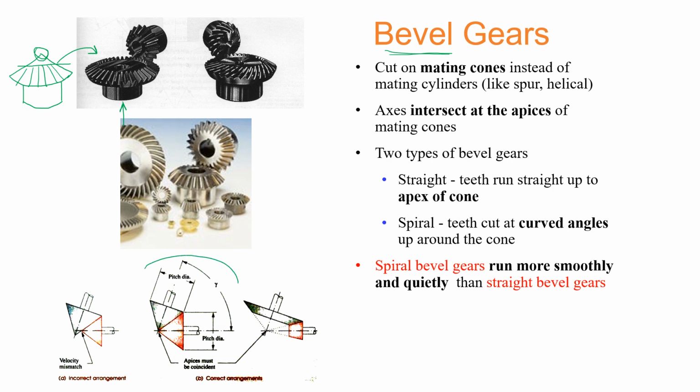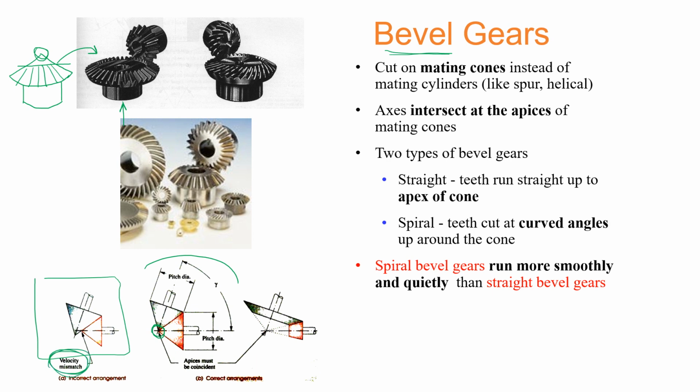You can see that there are two cones getting engaged with each other, and the important point is that you have to make sure that these are coincidental. That is over here. Now, if these two points are not coinciding with each other, this is going to be the scenario where you have velocity mismatch.